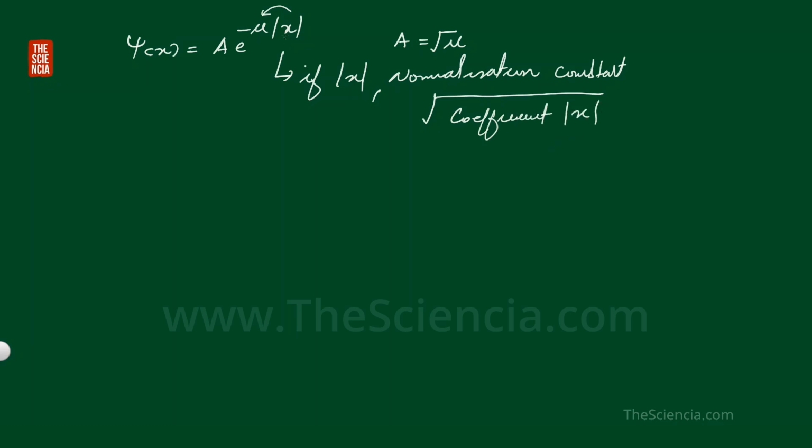That is, here it is root mu. Don't be bothered about the minus sign or plus sign. Okay, anyway, this will be the answer. Just take the root of the coefficient of mod x, and you will get the normalization constant. So now we have the normalized wave function.